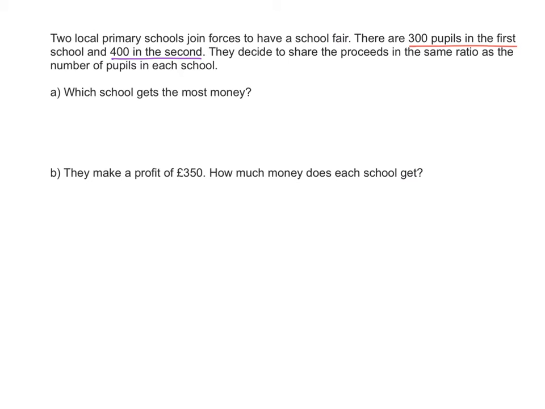The first school has 300 students, and the second school has 400 students, and so they will share the proceeds according to the number of students that they have. So that is the ratio that they will share the amount that they make.